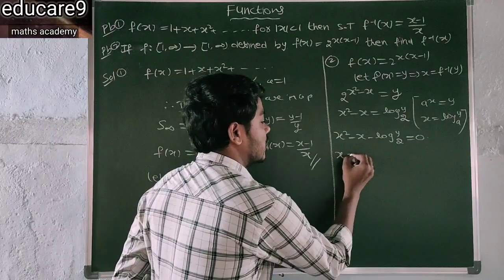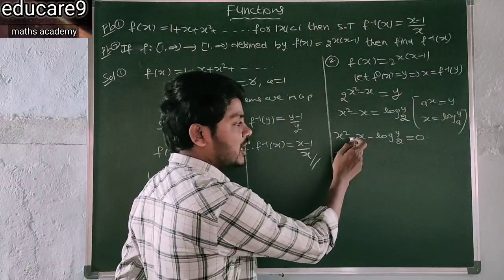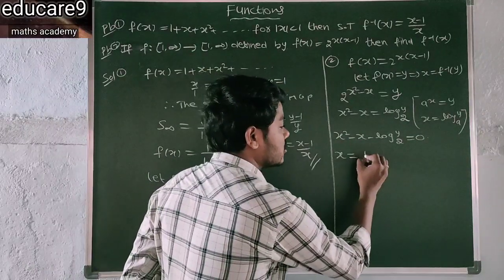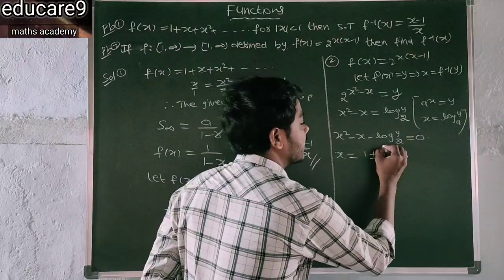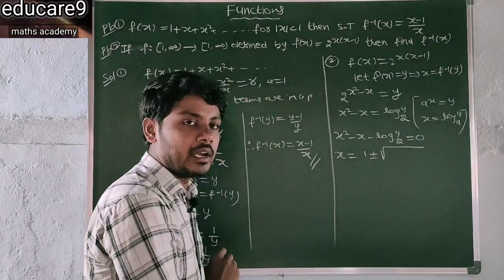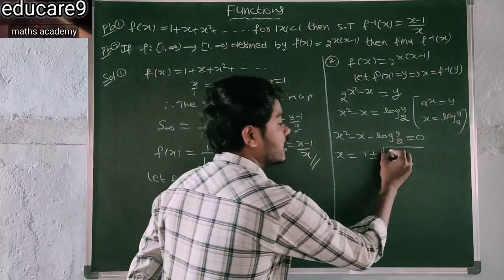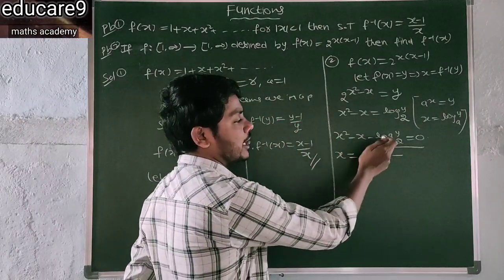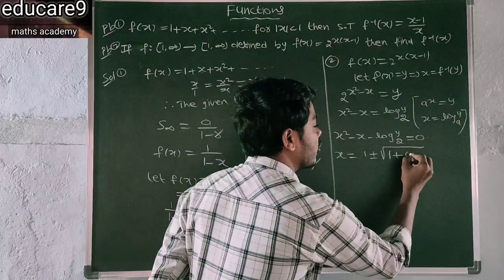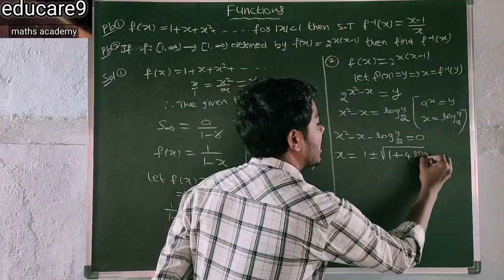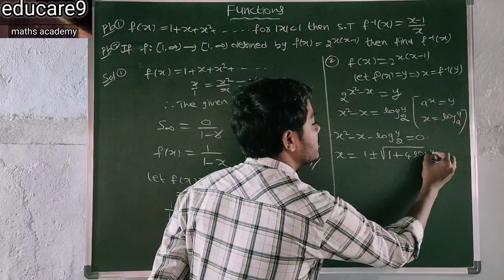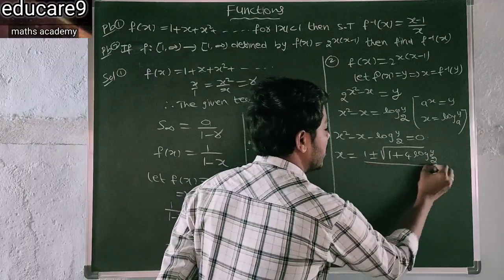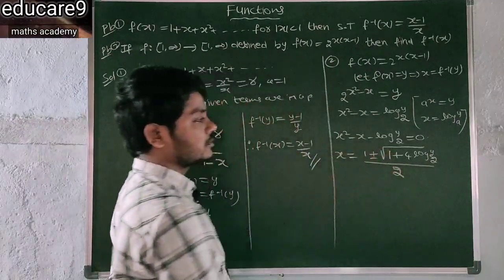So x is equal to minus b. So what is the b value? Minus 1. So 1 plus or minus under root of b square, minus 1 whole square, that is 1, minus 4ac. So 4 into 1 into this one, we get 4 log y base 2. So divide by 2.